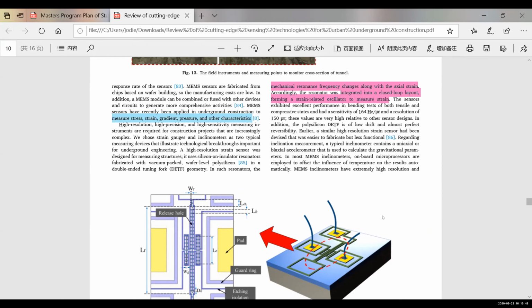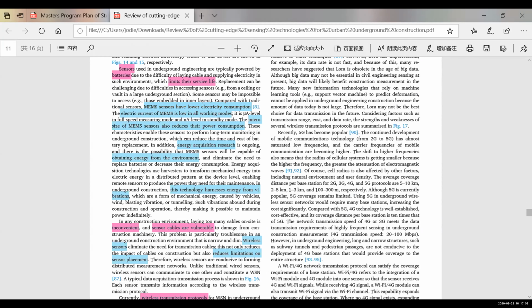And talk about the limitation of the sensor. The sensor battery limits their service life, but the MEMS sensor has lower electricity consumption because of its micro size, and also the electricity it uses is lower.